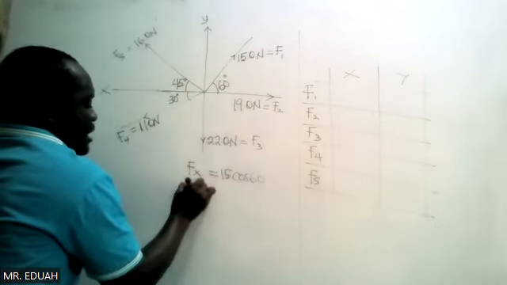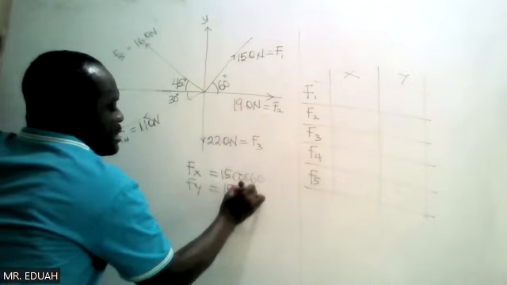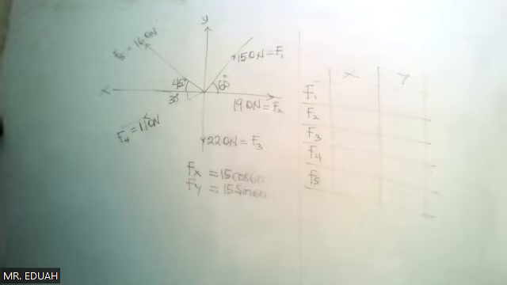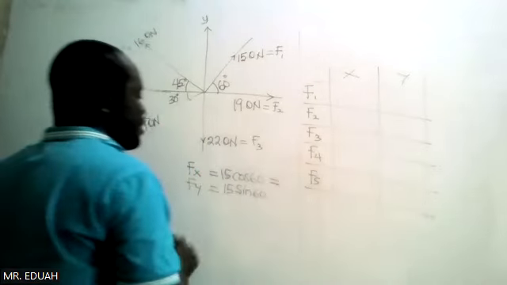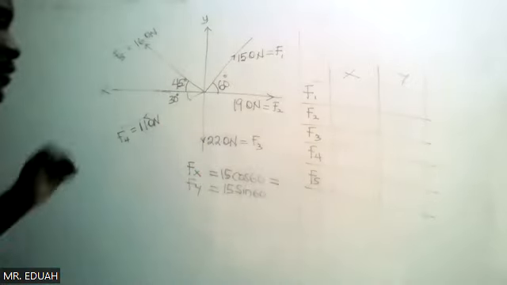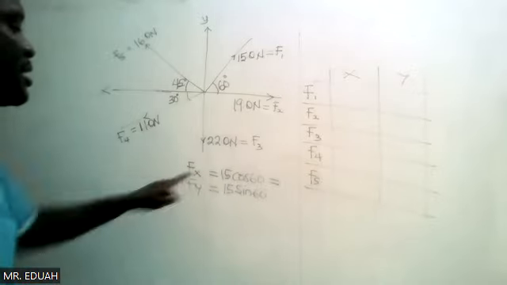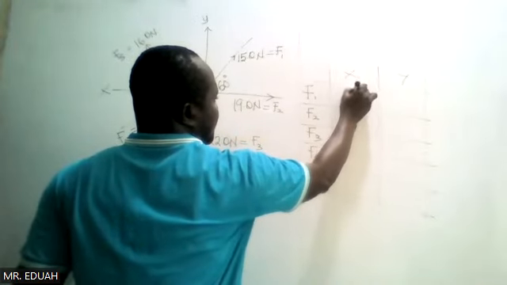And F of Y would be 15 sine of 60, which will also be 15 cos of 30. Cos 60 is half. So the horizontal component of this would be 7.5 Newton.